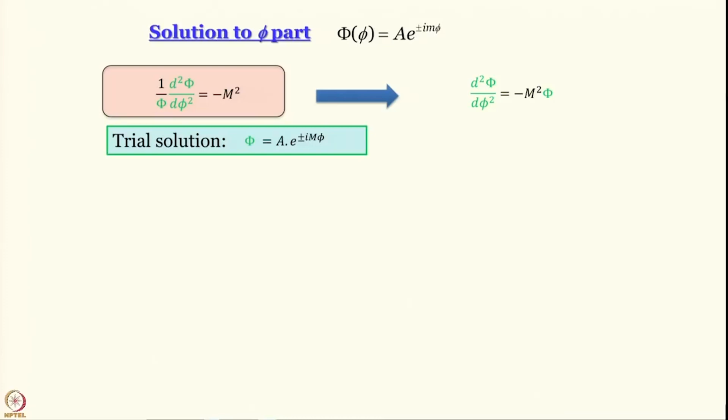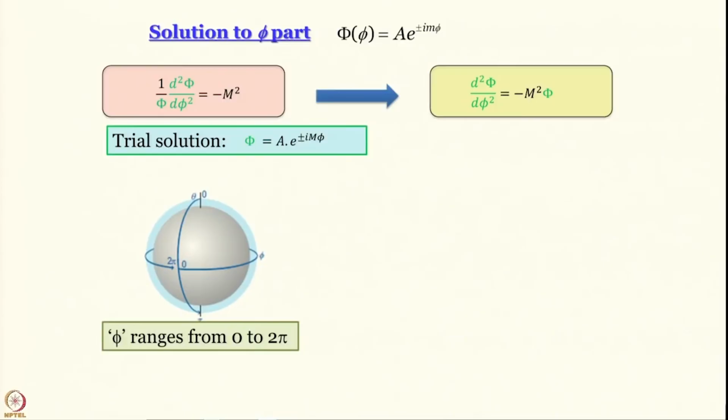Differentiate once again, you get d2 capital phi d phi 2 is equal to plus minus I m, which was there, multiplied by another plus minus I m, A e to the power plus minus I m phi. Okay, that is an eigenvalue equation. The eigenvalue would be the value of whatever this d2 capital phi d phi 2 might be the operator for. Okay. So, this is the equation that we are going to solve. We know the trial solution already.